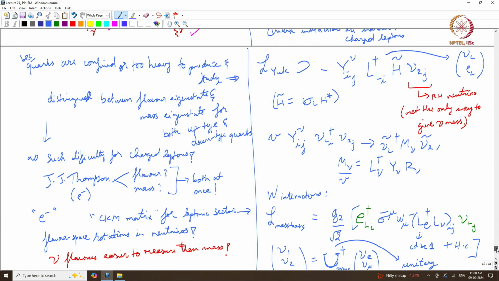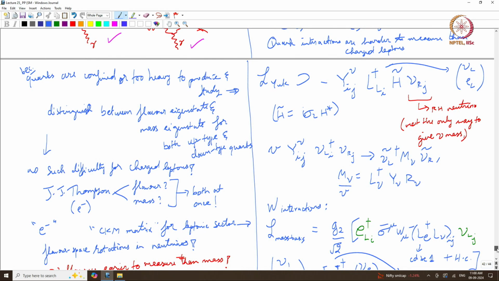We will see all that pretty soon, and also the fact that the converse is true for charged leptons. When we discovered the electron, what we discovered was both the flavor basis and the mass basis in the same shot, okay. Because electrons are not confined, they are easy to produce and detect and so on, charged leptons, okay.